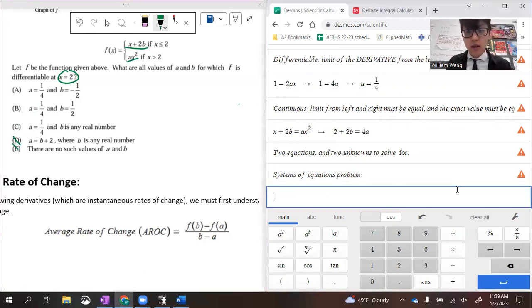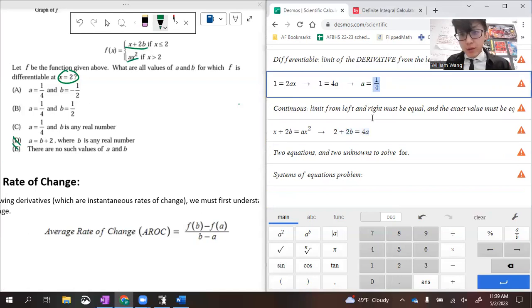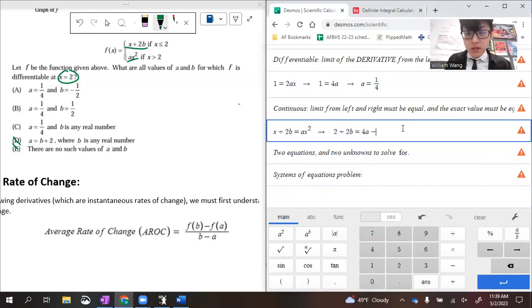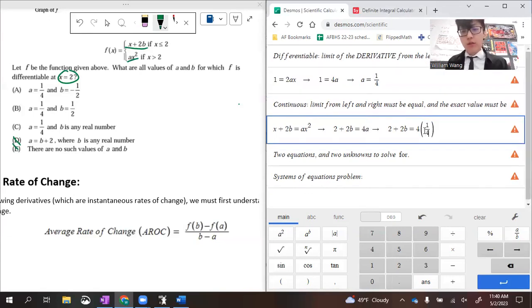All right, if A is 1/4, I can plug 1/4 into A right there. So this turns into 2 plus 2B is equal to 4 times A, and A is 1/4, so that is 1/4.